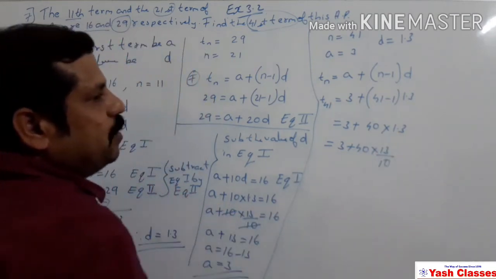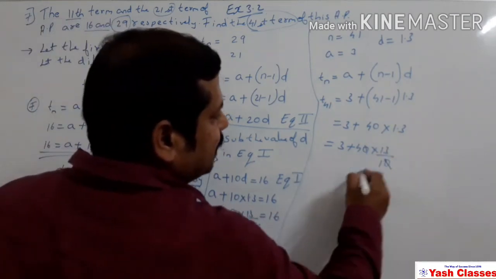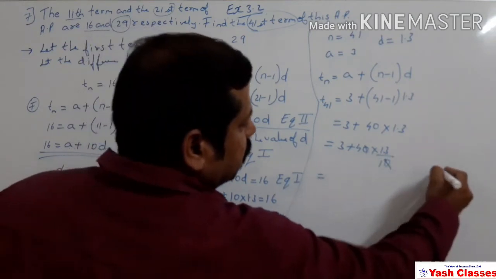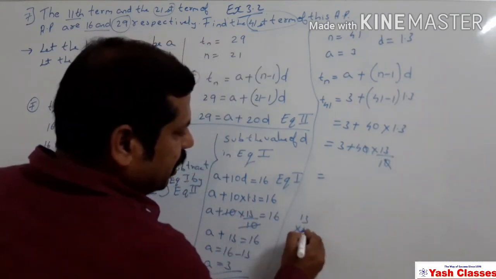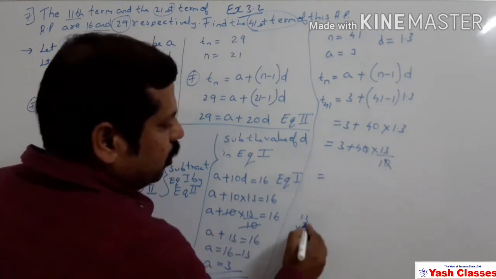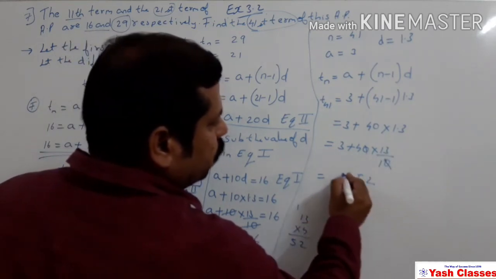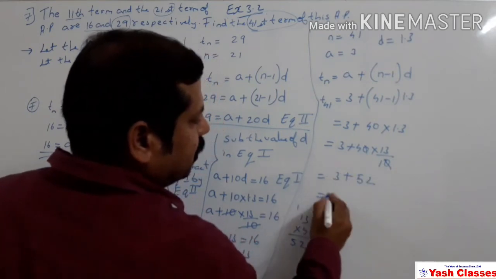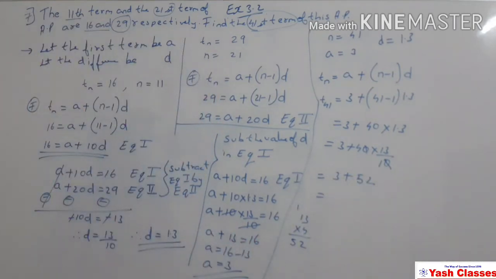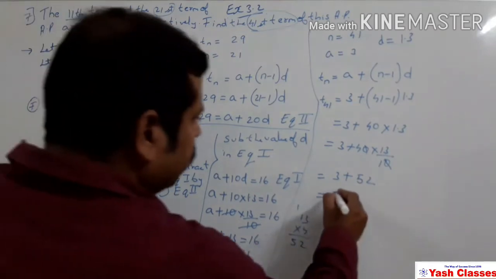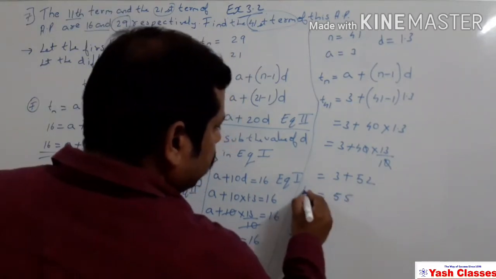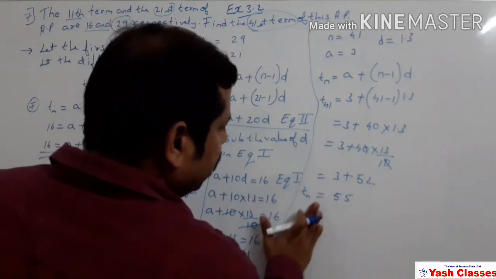We are removing the decimal point here. 0 and 0 cancel. 13 multiplied by 4. 4 times 3 is 12, so 52. 52 plus 3 is coming 55. Means Tn is equal to 55.